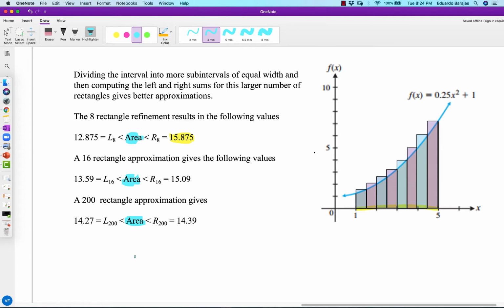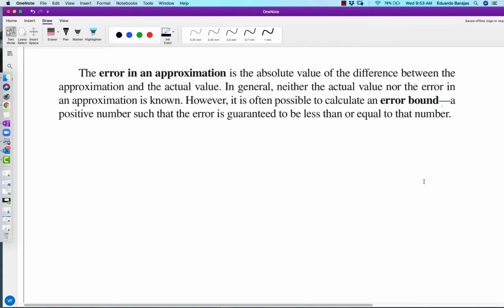We can reach any level of precision. We can't get the exact error because in practicality, we won't know what the real area is, obviously. But we could get a sense of how much error there is in any particular approximation. So what exactly do I mean by error?